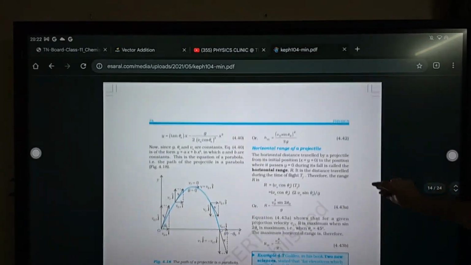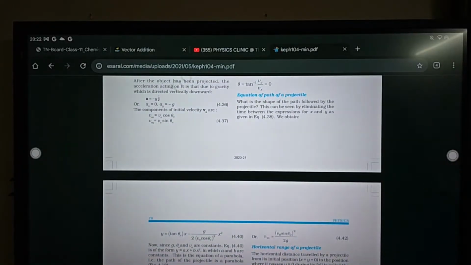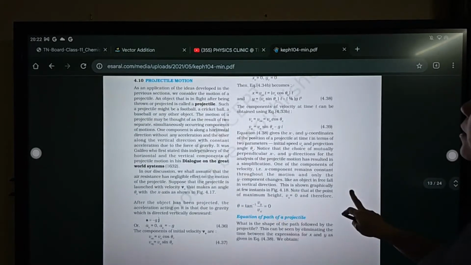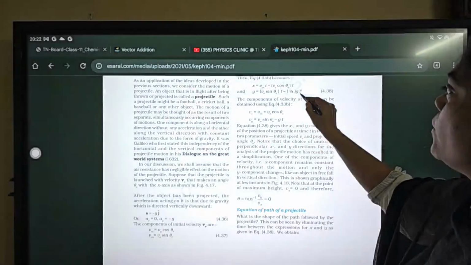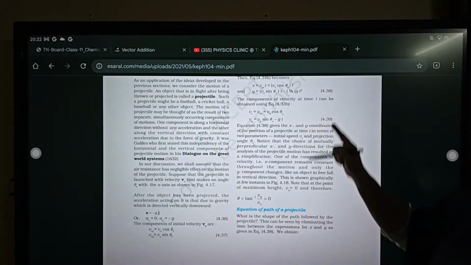Actually, nothing is revealed in it, right? What they said: this can be seen by eliminating the time between the expressions of x and y as given in equation 4.38. So these two equations you have written as 1 and 2, right? From that they are eliminating t.